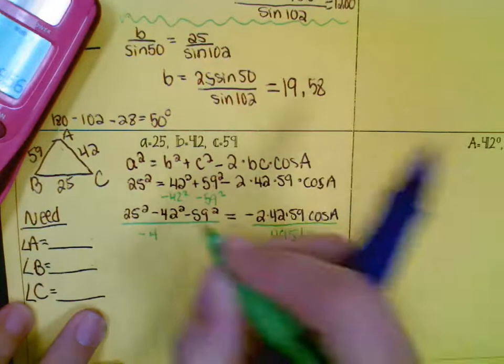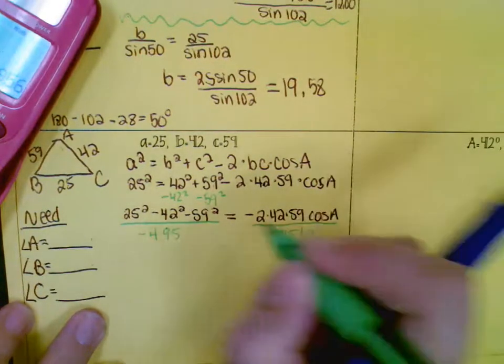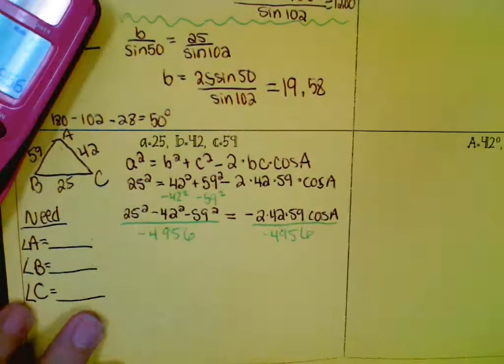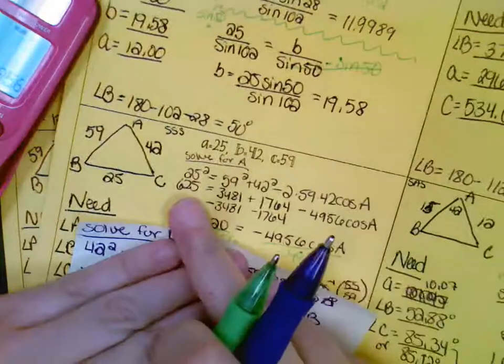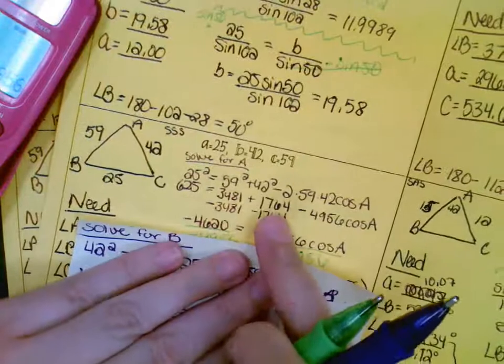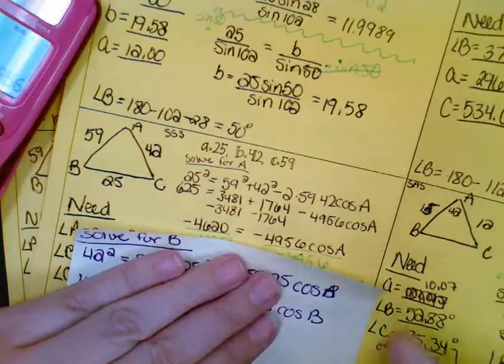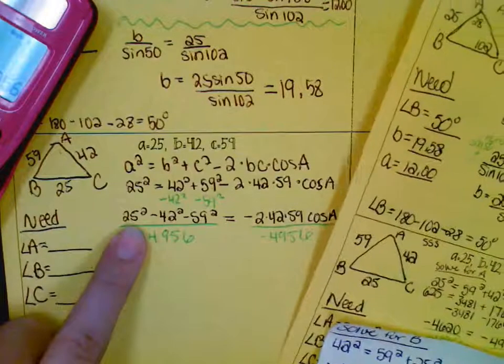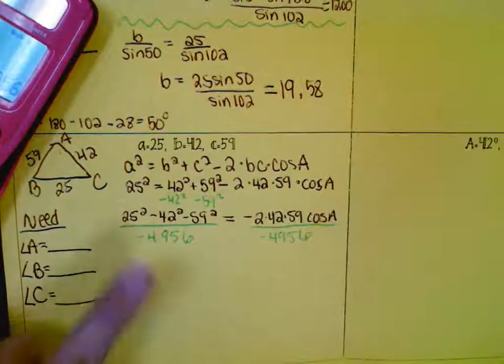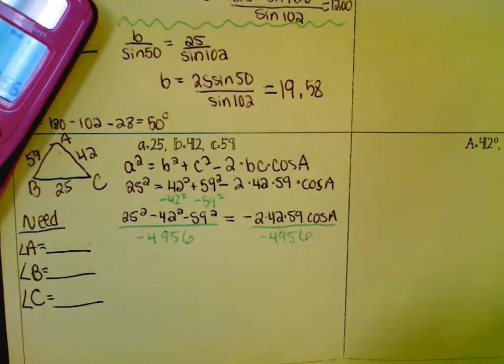I do it both ways sometimes depending on what my students like to do best. When I did it before, I squared them all out and wrote them out as the numbers. But I really like writing it like this because I feel like it's faster and easier. It's the same thing, so it doesn't really matter.